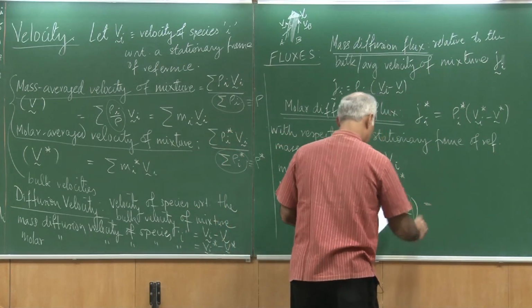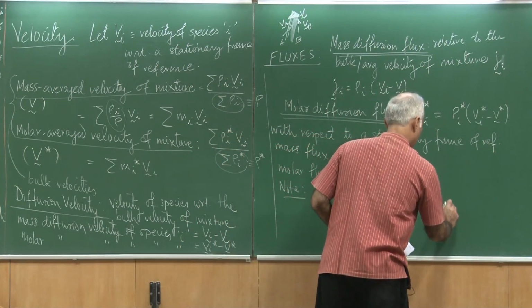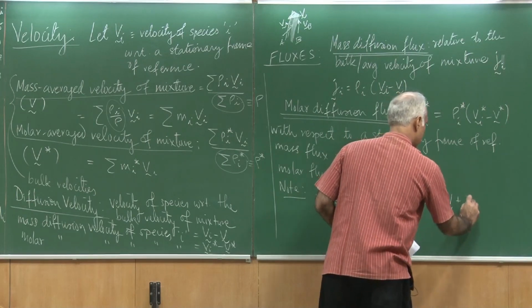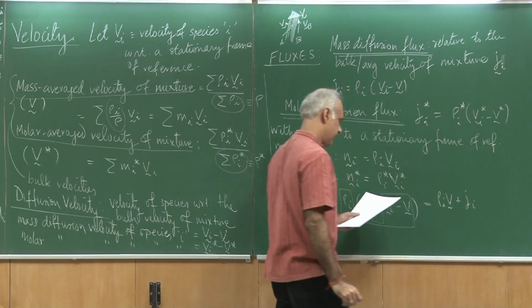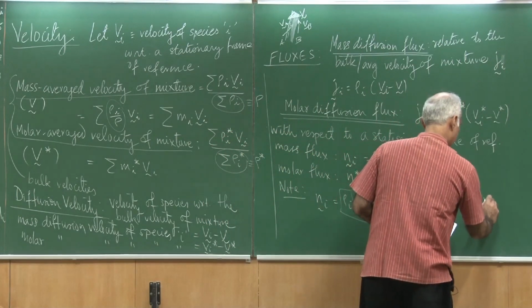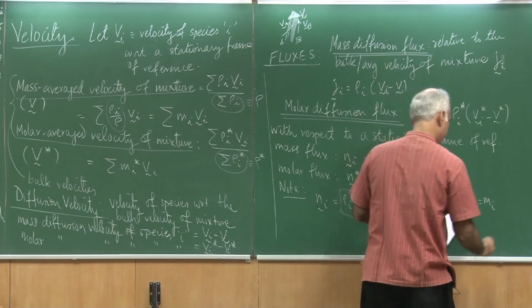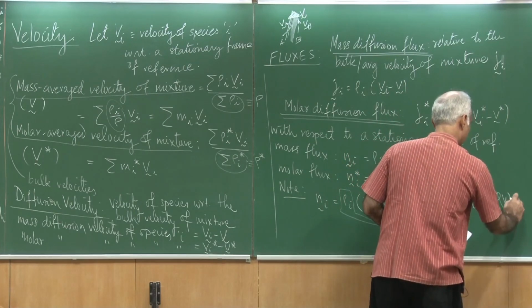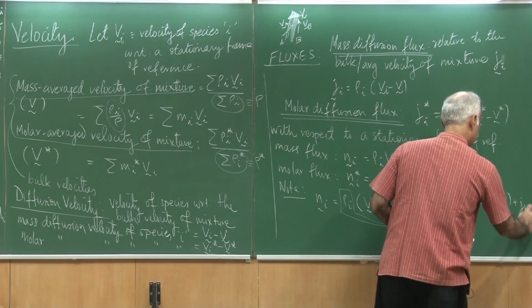So I could write this as rho I times V plus Ji, and this in turn is simply Mi times rho V plus Ji.